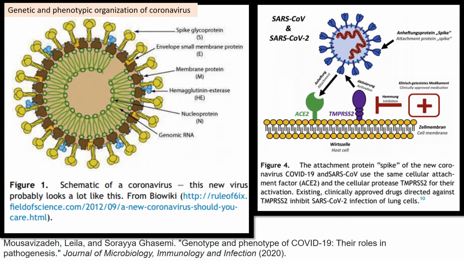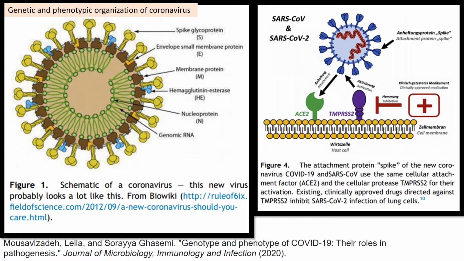So, this is how a coronavirus looks like in figure 1, and we are talking about COVID-19, right? There will always be a spike glycoprotein on the surface of the virus. There will be an envelope small membrane protein on the membrane. There will be a membrane protein. There will be hemagglutinin esterases given in blue in the figure.